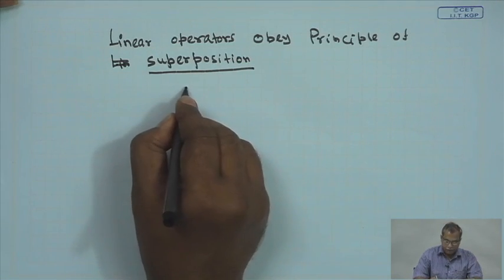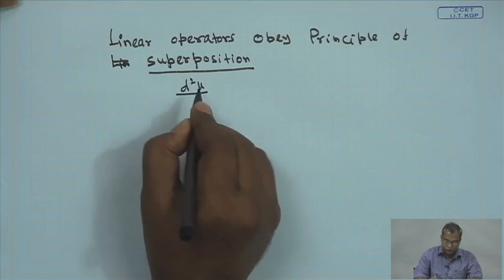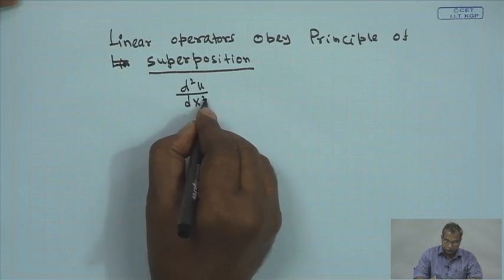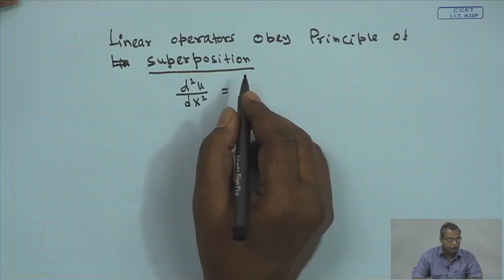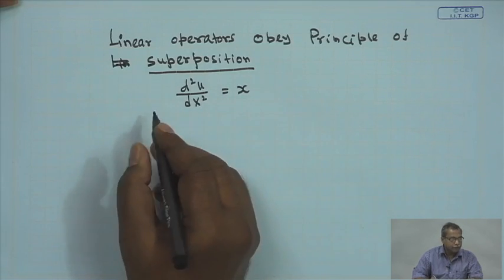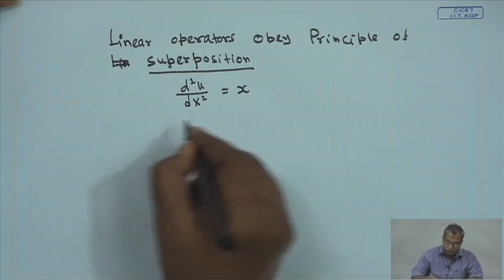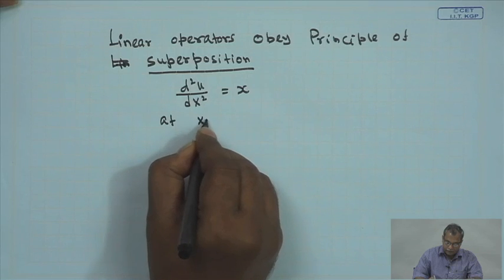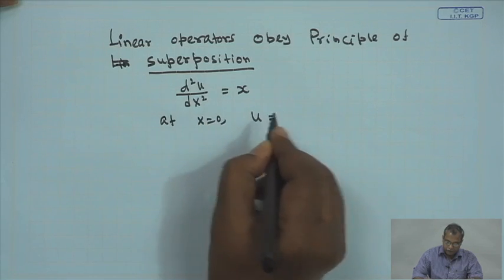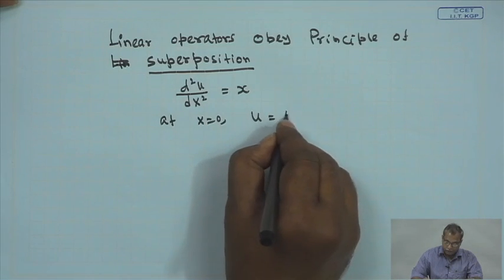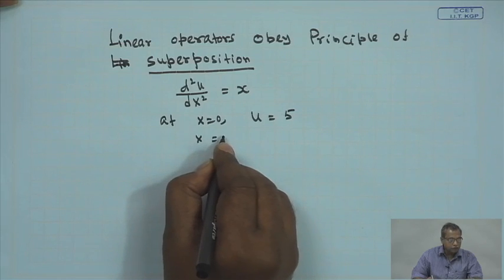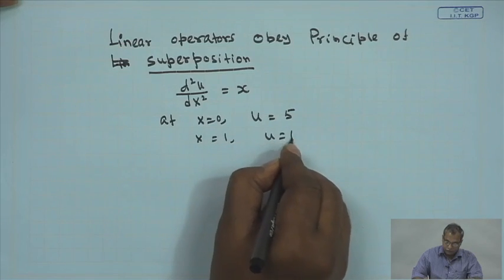Okay. What is the principle of superposition? Suppose I am solving an ordinary differential equation which is non-homogeneous: d squared u/dx squared is equal to x, let us say, and boundary conditions are also non-homogeneous. At x is equal to 0, u is equal to 5, and at x is equal to 1, u is equal to 10.